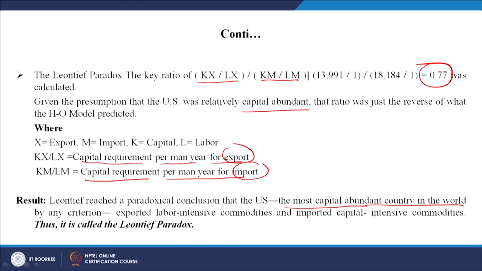It was thought the US should be exporting capital intensive goods, but on the contrary it was importing the capital intensive goods and exporting the labor intensive goods. So, it is just the reverse. This is what is called Leontief's paradox, and it is one of the very profound empirical investigations that has happened in economics.